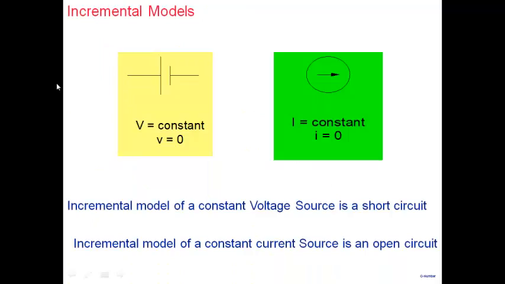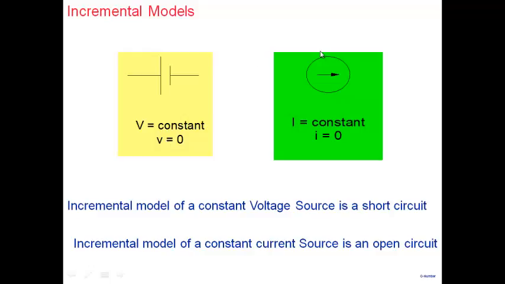Okay? A voltage source. Voltage source means V is a constant. So V is a constant means any increment in this is zero. There cannot be an increment in a voltage source. So a voltage source becomes a short. v equal to 0 means we have an element across which the voltage is 0. So it's a short.